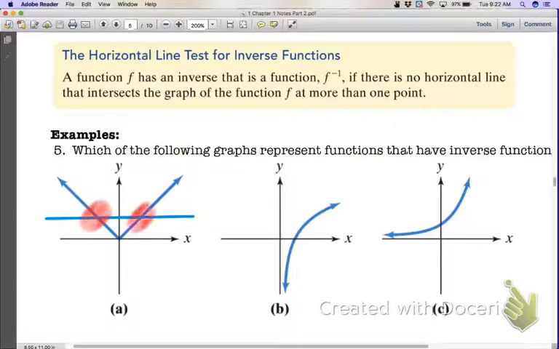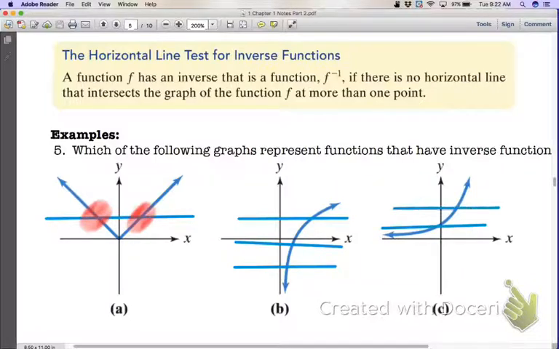No. Does B pass the horizontal line test? Yes. C? C passes the horizontal line test. So like we've talked about already, 5A would not be one-to-one. 5B and 5C would be one-to-one.